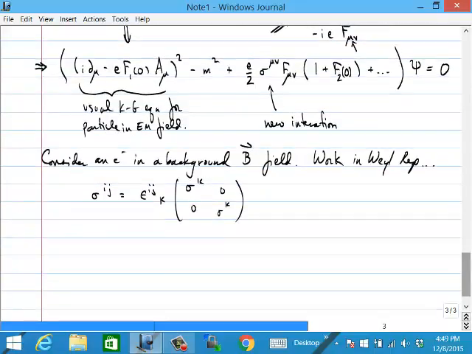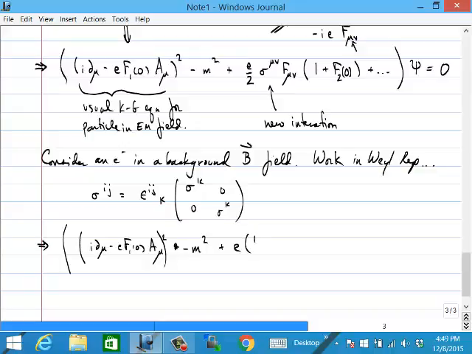So what does that mean? That means that in this particular case, this equation, what does it look like? Well, it's i d mu minus e F1 of 0 A mu squared. That's the usual equation for a particle in a magnetic field. There's a mass term, and then there's a correction term proportional to 1 plus F2 of 0. And what does it look like?